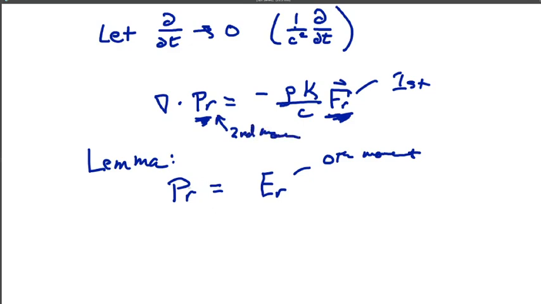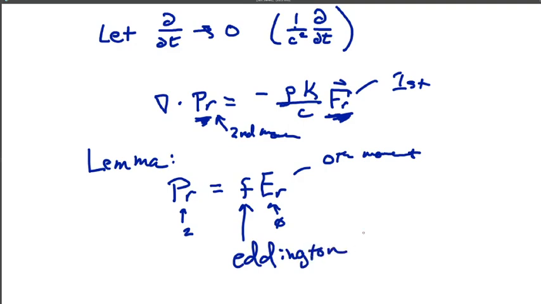So we say that the radiative pressure tensor, which is a 2 tensor, is proportional to the radiation energy, which is a scalar, a 0 tensor. And there's a tensor identity linking them, what is called F, the Eddington factor. And this is called the Eddington approximation. Eddington tensor, technically.